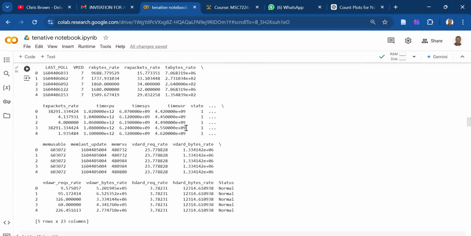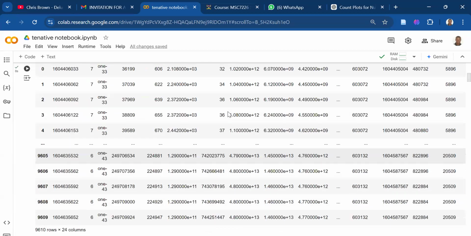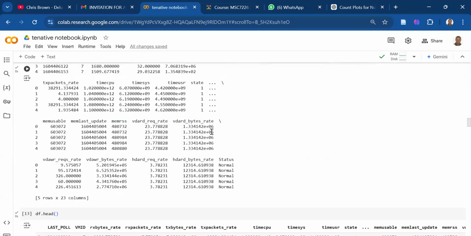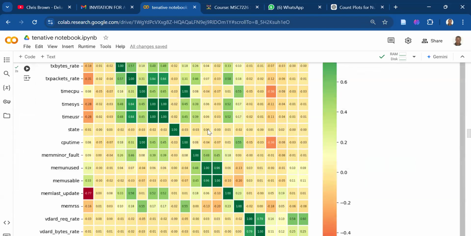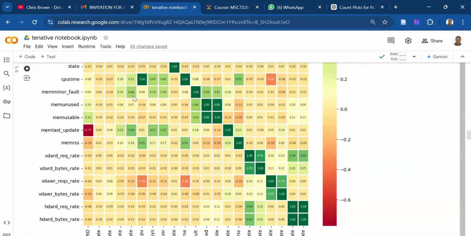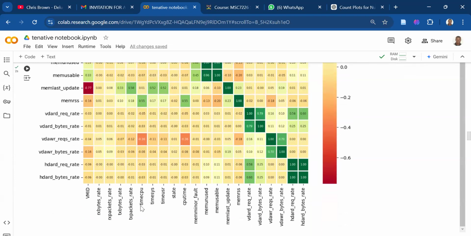those columns. And also, when I look at this heat map here, there are some variables that are highly correlated. So I have to remove some, for example memory usable and memory. CPU time is highly correlated with the CPU, so I have to remove one of those columns.